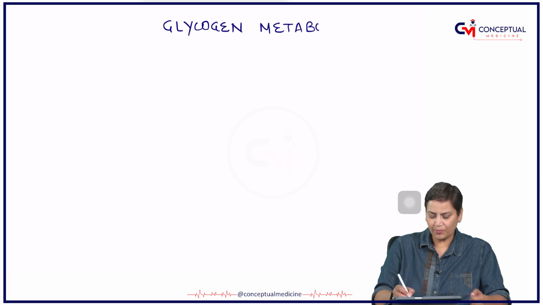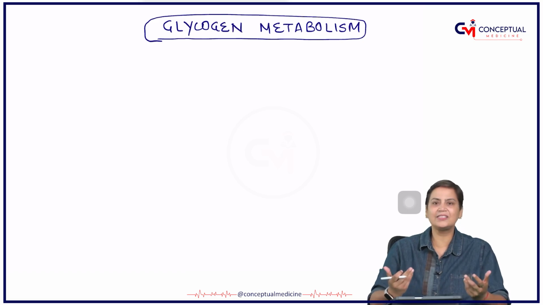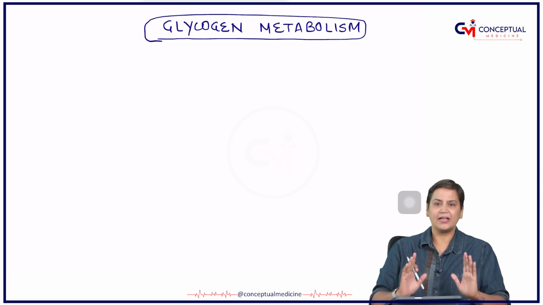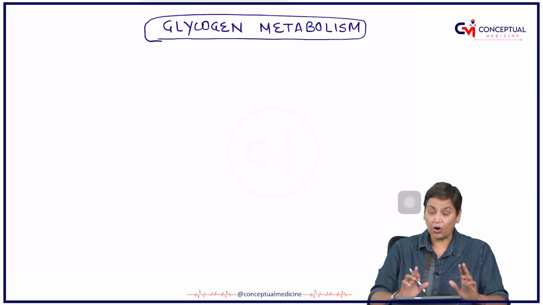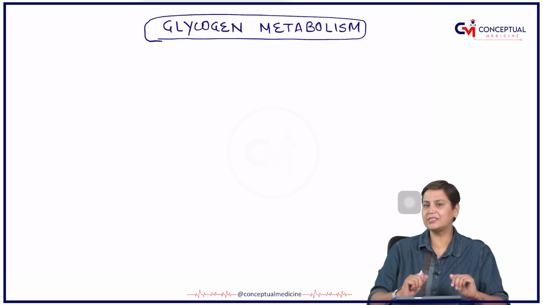A very important topic. In fact, all the topics are important, but this is again a very important topic. Now see, first of all, you should understand what is this glycogen. Glycogen is the reserve food, or the store of glucose, in the liver as well as the muscle. In my previous videos, I have been discussing the well-fed state, the fasting state, and starvation, and how our body meets the energy requirements.